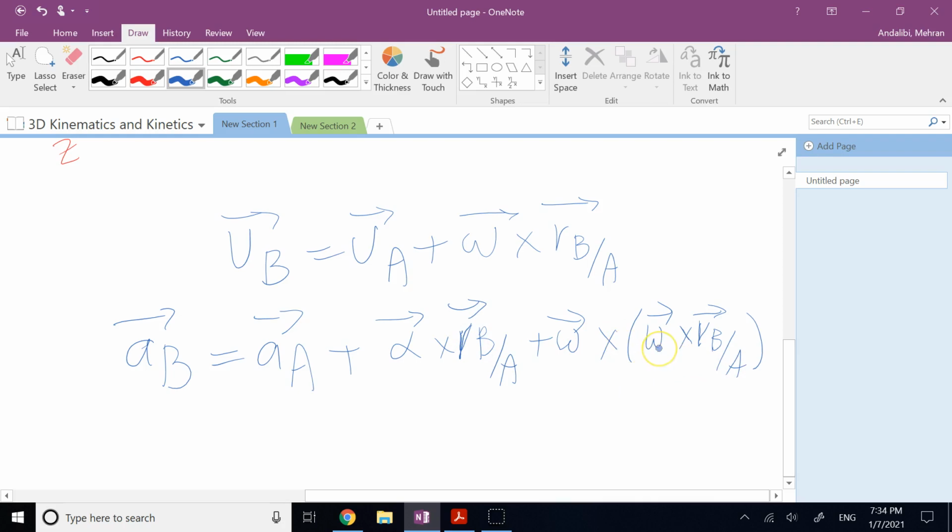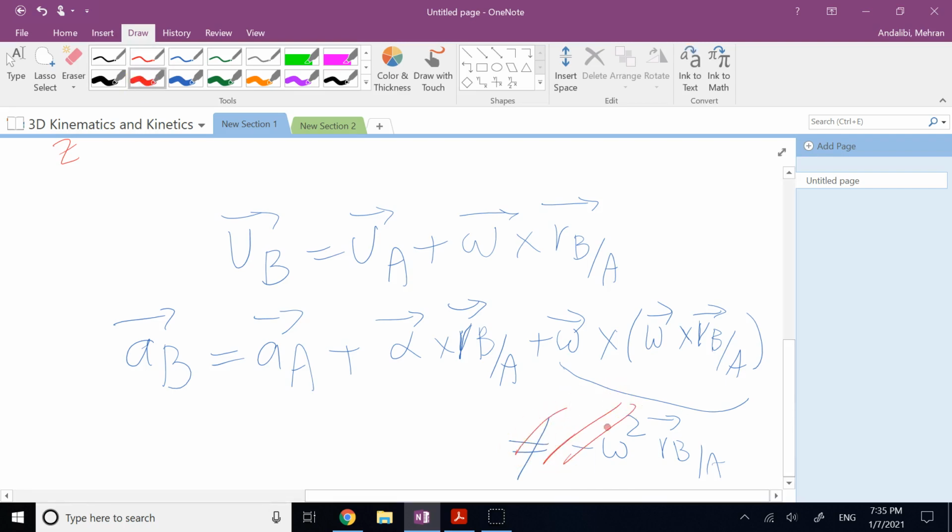I'm not writing it anymore as negative magnitude omega squared R of B with respect to A. In 3D, that simplification is not valid. In 3D, you have to carry out this cross product twice. So please pay attention. In 3D, you are not going to write it as negative omega magnitude squared R of B with respect to A. This is not equal to this in 3D. Do not use that, okay?